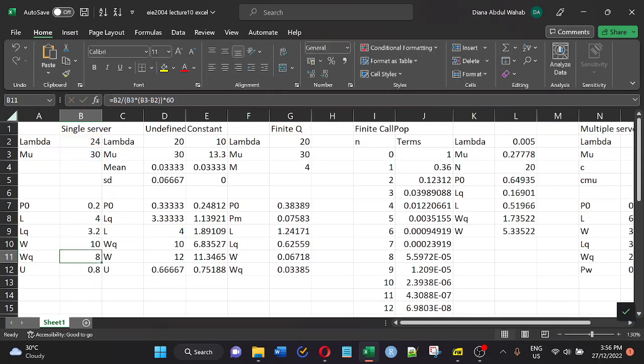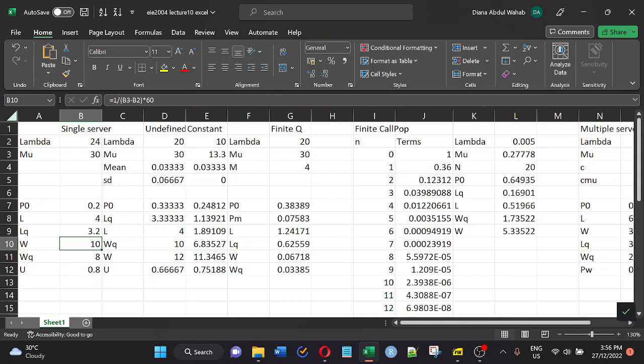In terms of hours you get 0.16 hours, and then we convert into minutes, times 60, you get 10 minutes. So we can say that on average the customer spends 10 minutes in the system, which is I think quite okay.